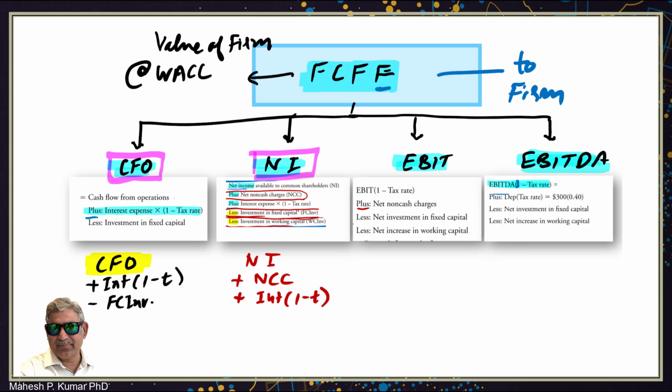Then we will of course subtract the investment in fixed capital, and this would be investment in things like plant, property and equipment, and then there will be a deduction for working capital investments as well, because the income statement does not reflect investment in working capital.